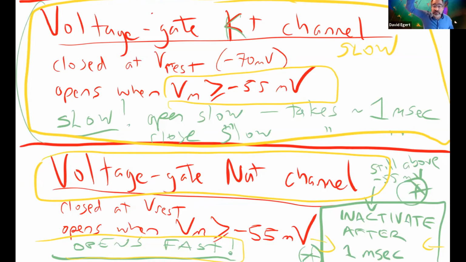And they're not going to reset until the membrane potential comes down below minus 55 and everything has a chance to go back to resting. So are there any questions about these two channels? Because these are going to create the action potential.